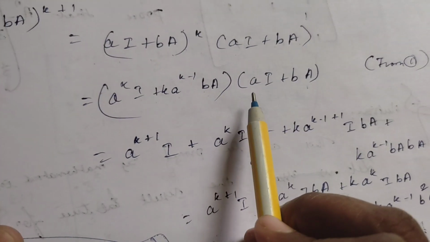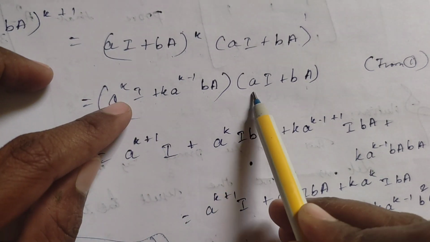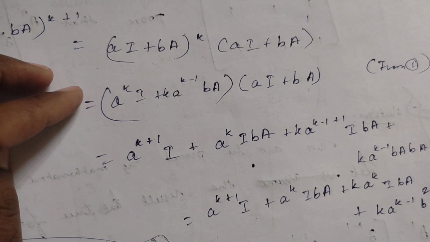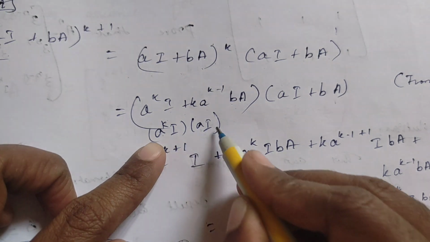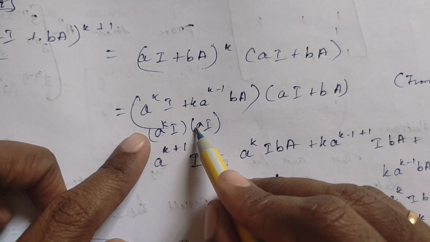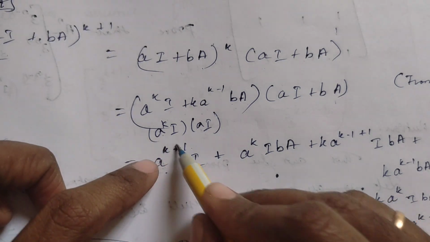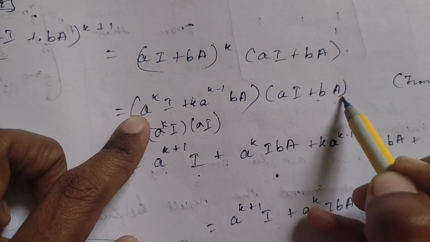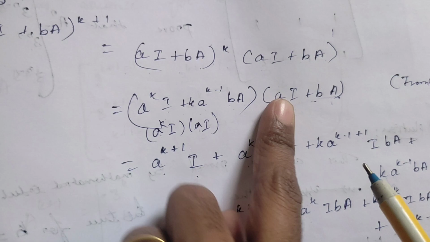Now multiply these two things. a^k I into aI: I into I will again be I, the identity matrix, and a^k into a^1 is a^(k+1). So a^(k+1) into I. The next term is a^k I into bA. The first term with the two terms we have done.